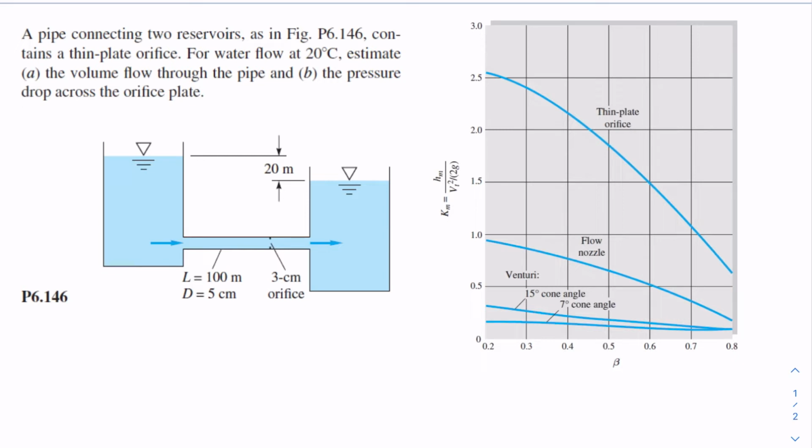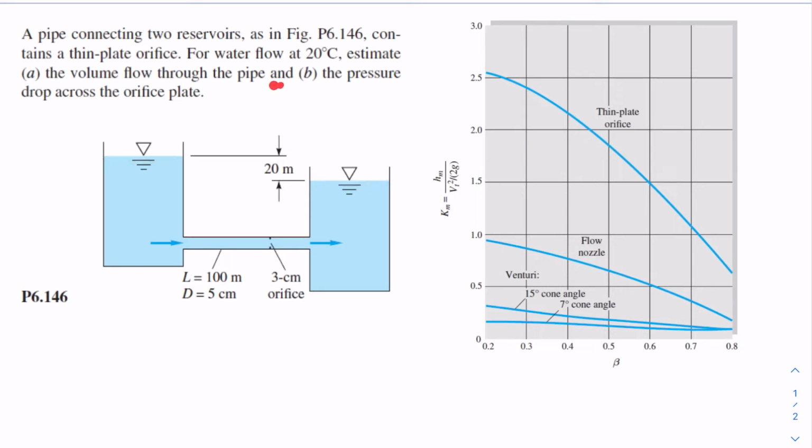So the basic principle remains the same. It's just that we are not given the pressure drop directly; we are given it through some indirect measure, which is this height difference of the water levels in these two tanks.